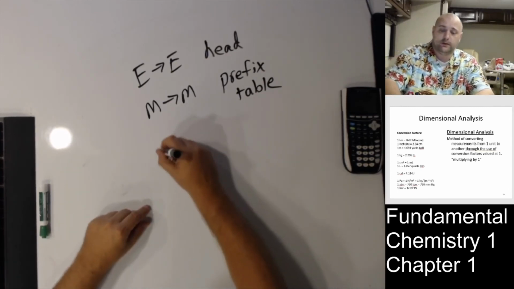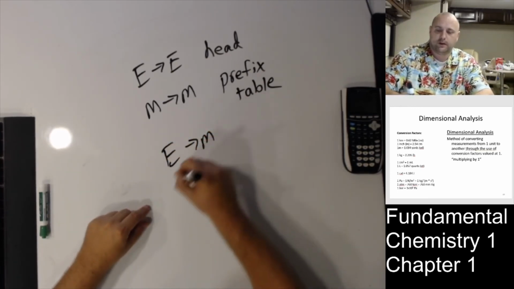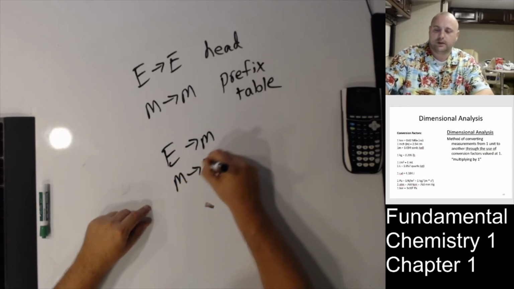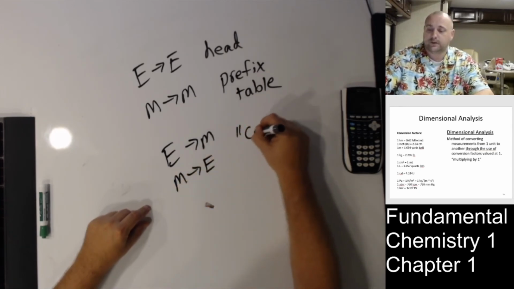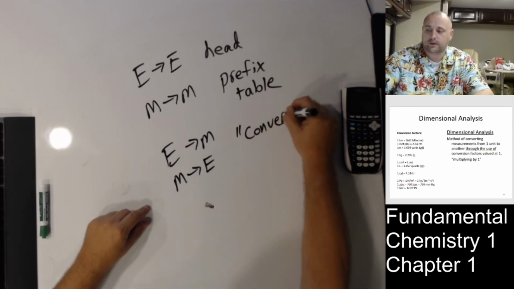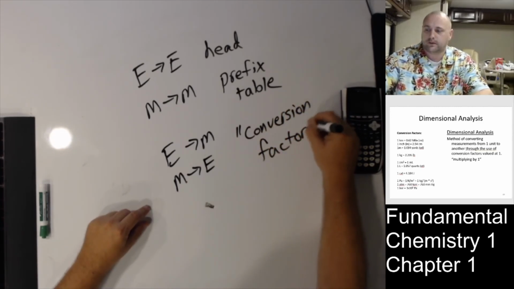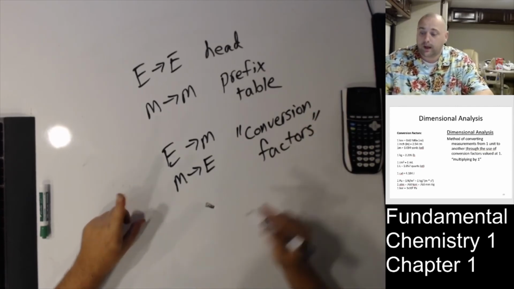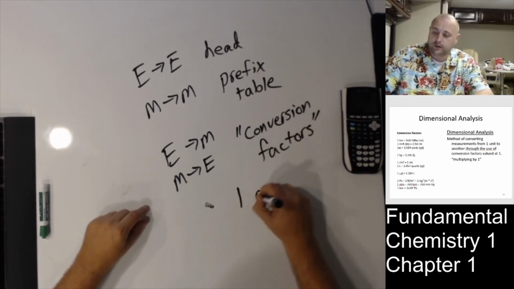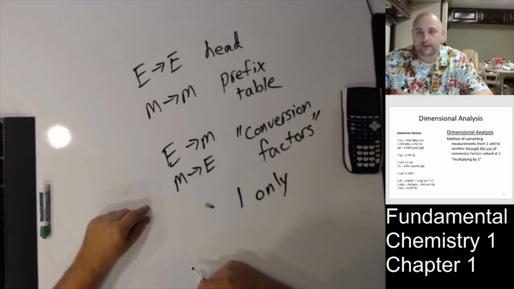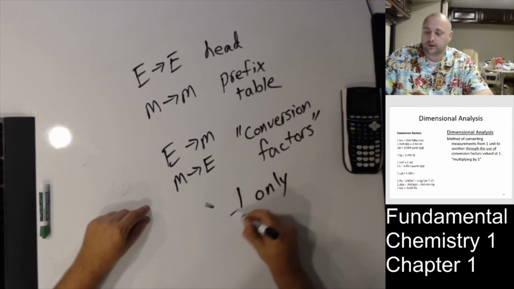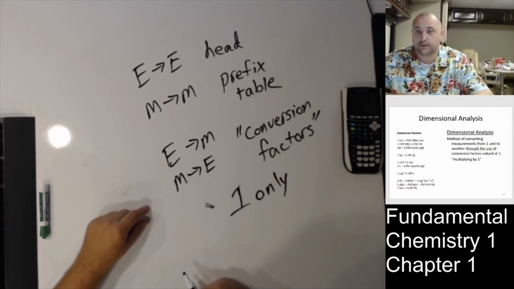All right, English to metric and metric to English, you're going to that list that says conversion factors. All right. And you want to use one only. One only. Don't use a bunch.